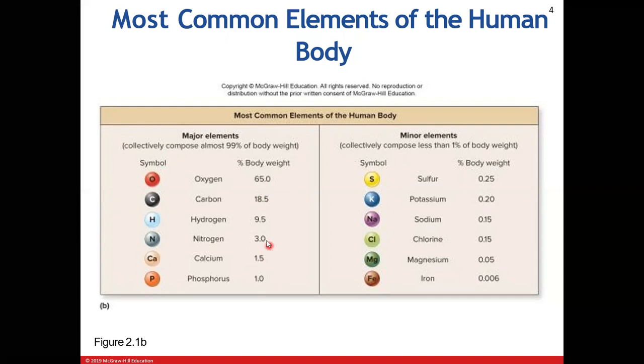But 97% is made up of the first four: oxygen, carbon, hydrogen, and nitrogen. Then we also look at some of the minor elements: sulfur, potassium, sodium, chlorine, magnesium, and iron, all making up a smaller portion, all less than 1% of body weight.